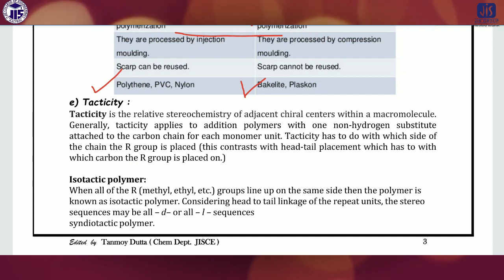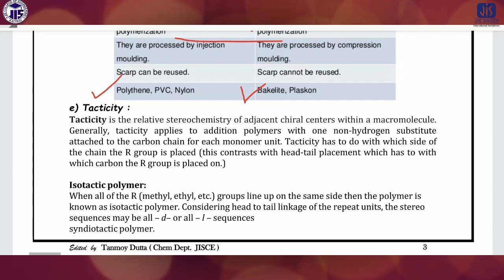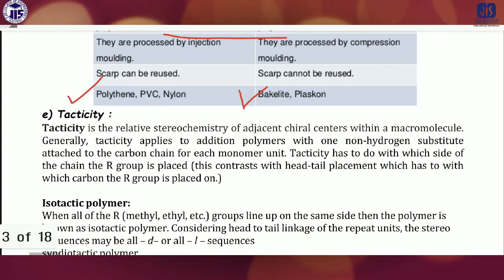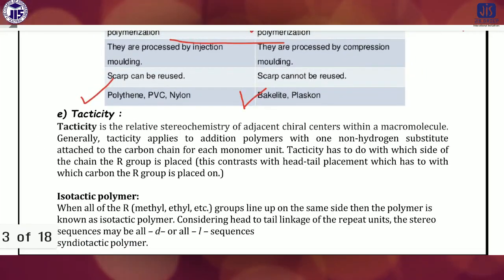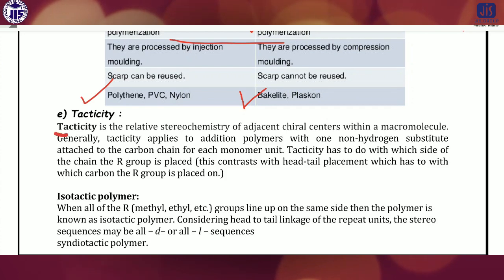If you think about tacticity, then tacticity is the relative stereochemistry of the adjacent chiral centers within the macromolecule.